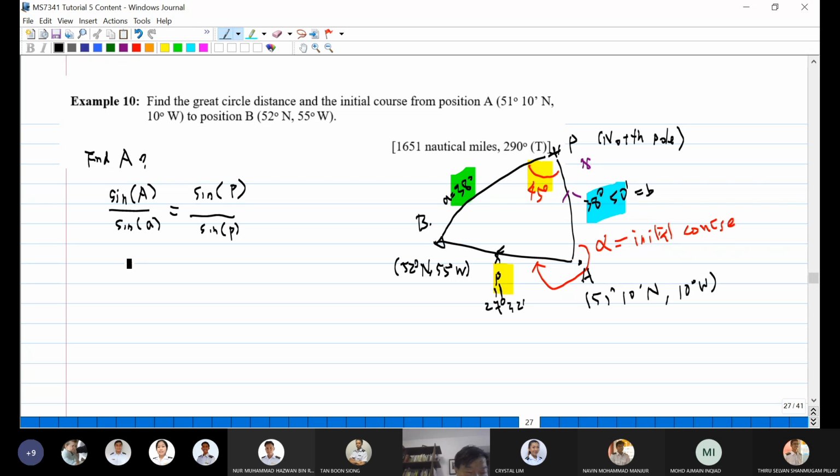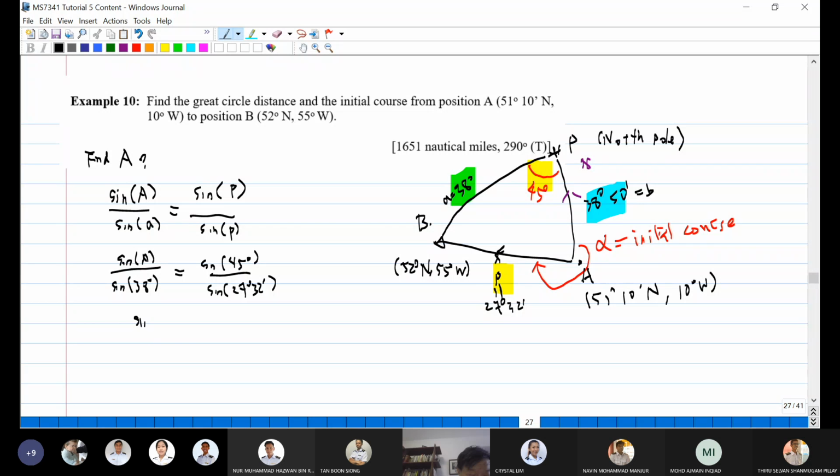I don't know angle A. Side A is 38 degrees. Angle P is 45 degrees. Side P is 27 degrees 32 minutes here.